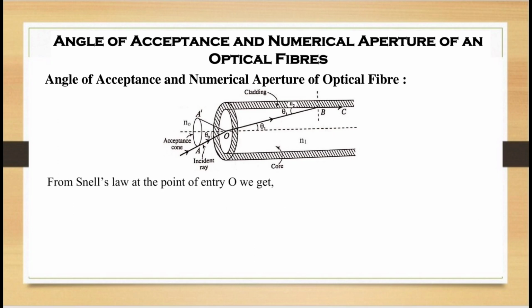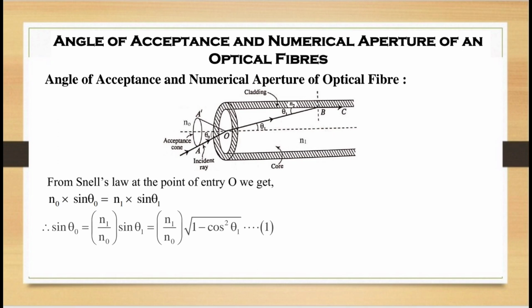Now, from Snell's law at the point of entry O, we get n0 sin θ0 equals n1 sin θ1. Therefore, sin θ0 equals n1 by n0 into sin θ1, which is also equal to n1 by n0 into square root of 1 minus cos square θ1, since sin θ1 is written as square root of 1 minus cos square θ1. Take it as equation 1. And also from Snell's law at the point B, we get n1 sin θc equals n2 sin 90 degree.